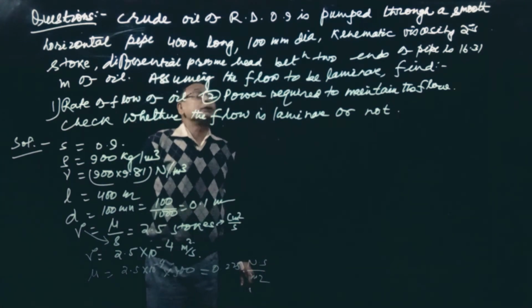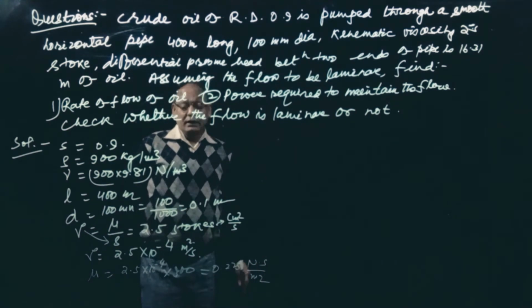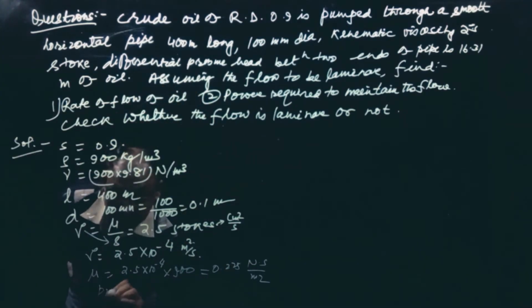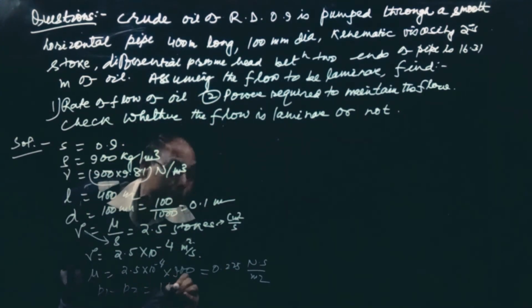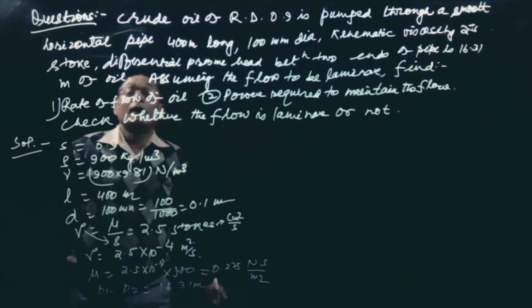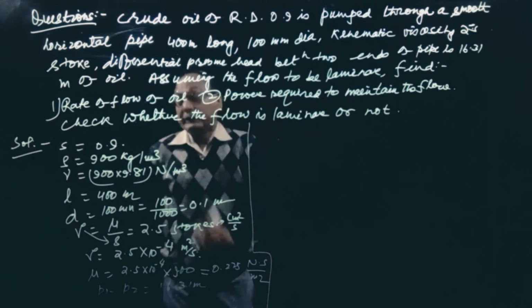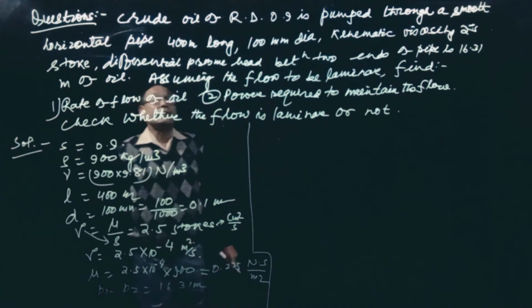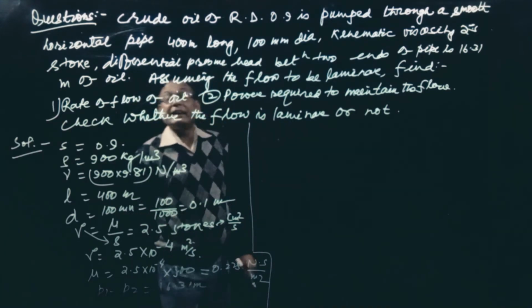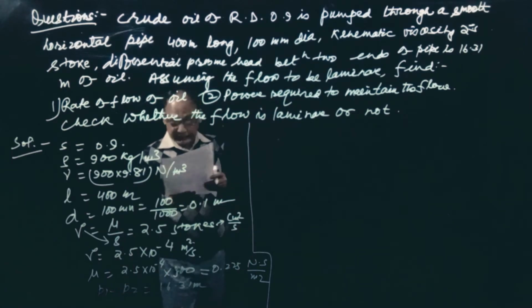Between the two ends, the pressure difference P1 minus P2 is 16.31 meter of oil. So this is the data given. The rate of flow of oil and the power required to maintain it we have to find.